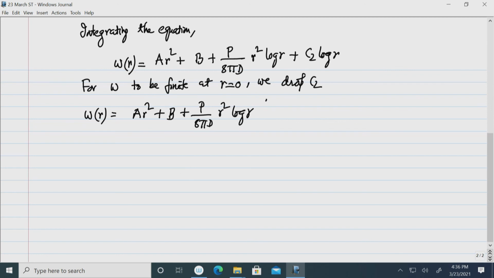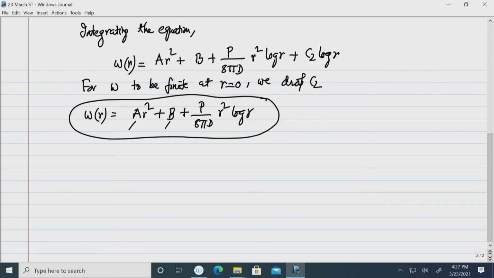Now, if you see this deflected surface, then you can find the two constants of integration a and b by applying the boundary condition.